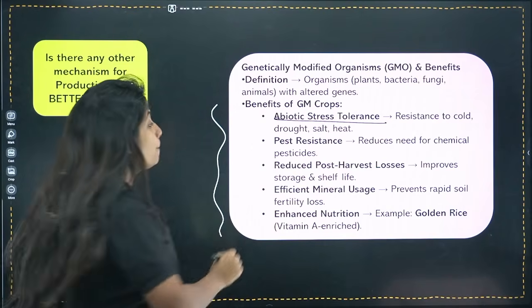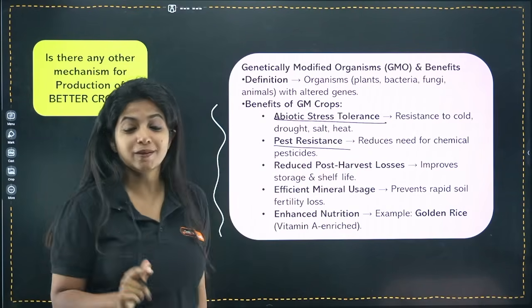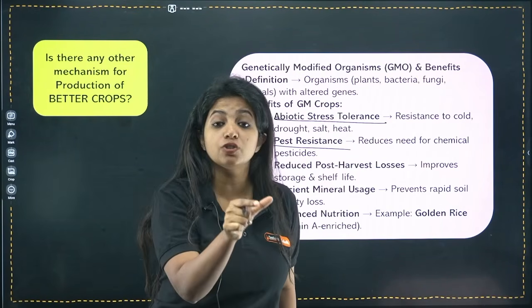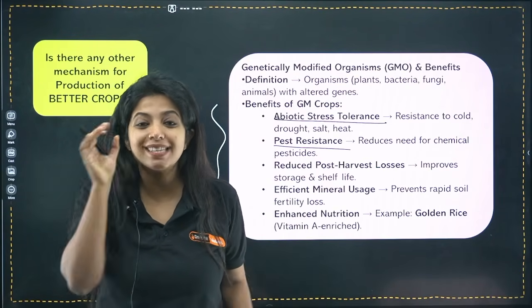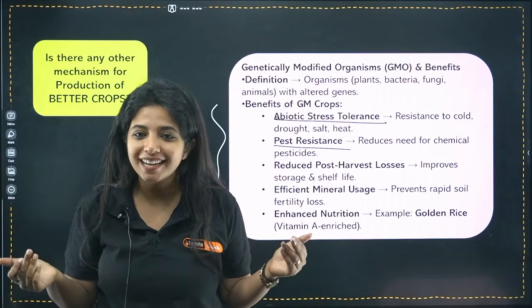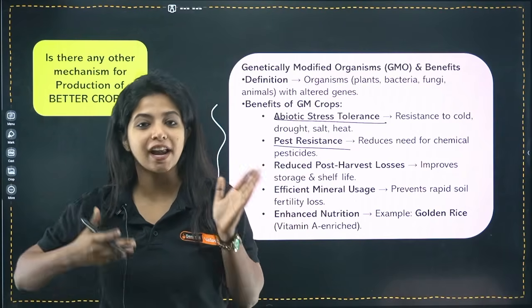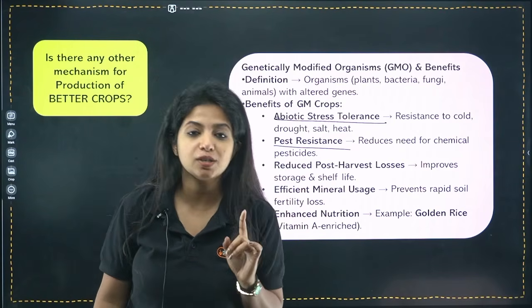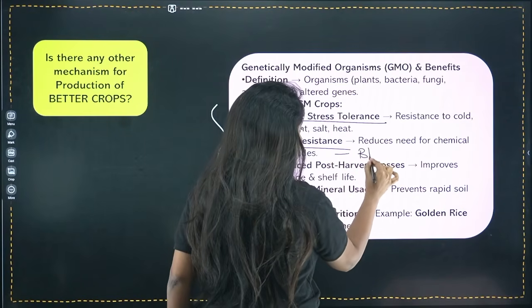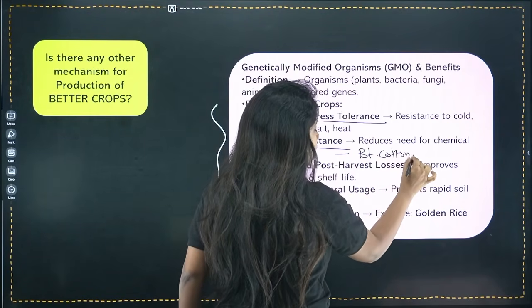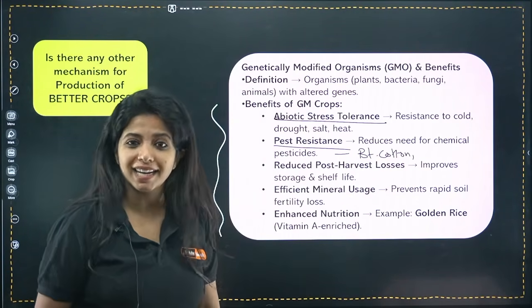The second good thing, pest resistance. So suppose I have a gene which provides resistance to some pest. I put that particular gene into the plant, and now the plant is safe from all the different types of pests, right? So pest resistance is another thing. And under pest resistance, my dear children, you see two examples. One is Bt cotton, about which we will be studying first, and then we will talk about a method that is known as RNA interference.